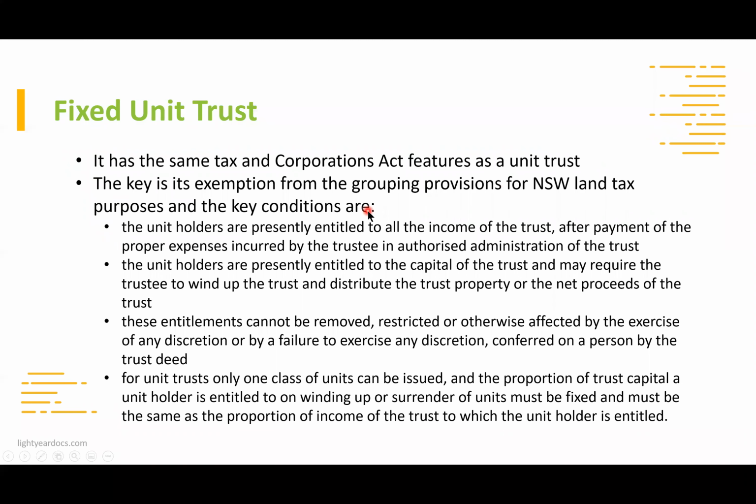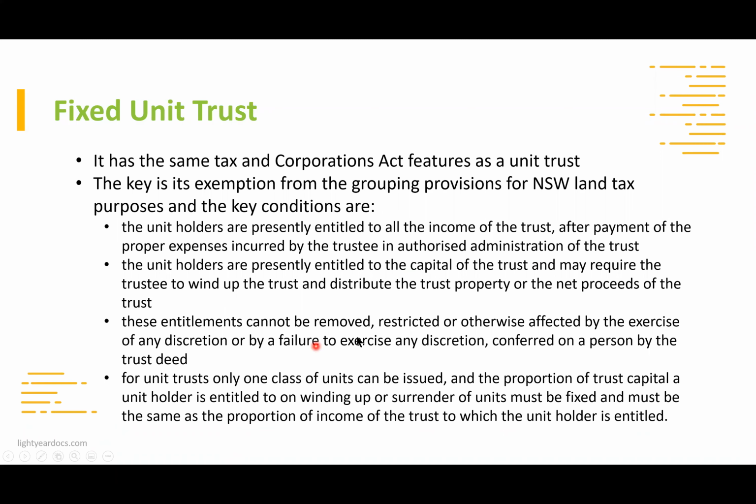So the key conditions for it, and you can get this straight off the site: the unit holders are presently entitled to all the income of the trust after payment of the proper expenses incurred by the trustee in authorised administration of the trust. The unit holders are presently entitled to the capital of the trust and may require the trustee to wind up the trust and distribute the trust property or the net proceeds of the trust.